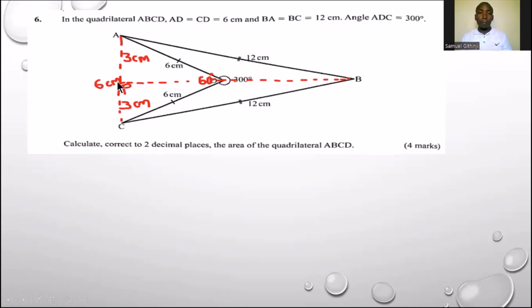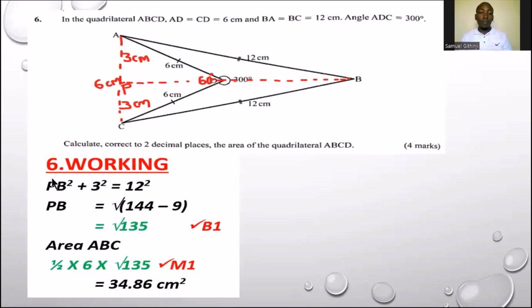If I drop a perpendicular from B all the way to a point P here, it means this line here, from here to a point P around here, is 3, and this is 3. Having done that, I'm good to do the calculation. Let's do the working. We want to get the height PB from P to B. We're using Pythagoras theorem.